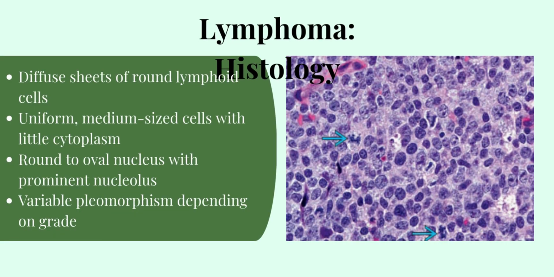Microscopically, lymphomas typically show diffuse sheets of round cells with scanty cytoplasm. High-grade lymphomas may present a classic starry sky appearance due to tingible body macrophages, which is seen in Burkitt's lymphoma. Because they mimic many other tumors, immunostaining becomes very crucial.